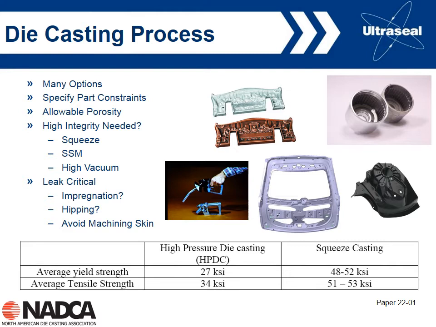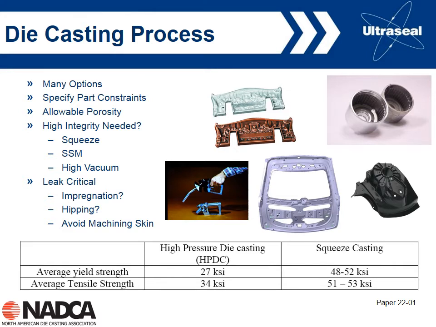Here's another common example. This is the pump handle for a gasoline pump when you go to the gas station. Obviously, this is a leak critical casting, so you need to think up front: should I impregnate this casting? Is this the type of casting I'm going to need to impregnate, or should I just avoid machining away the dense skin on the casting?